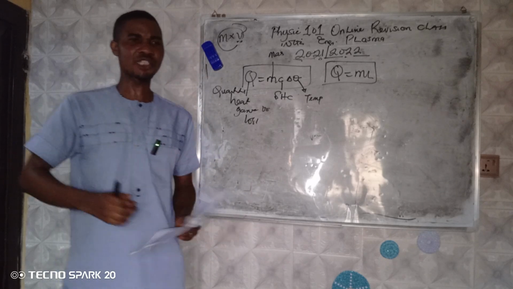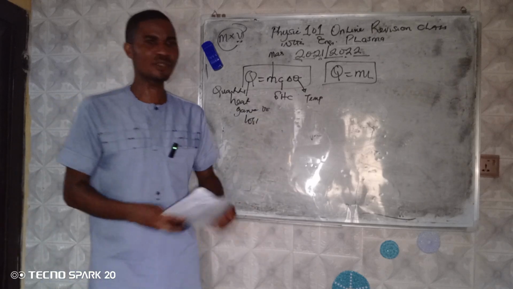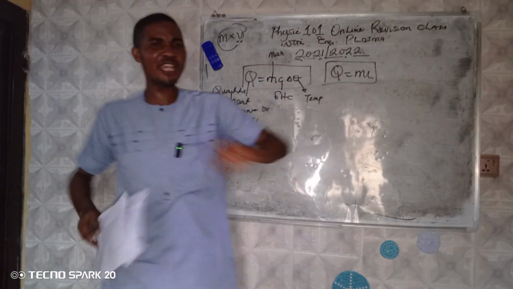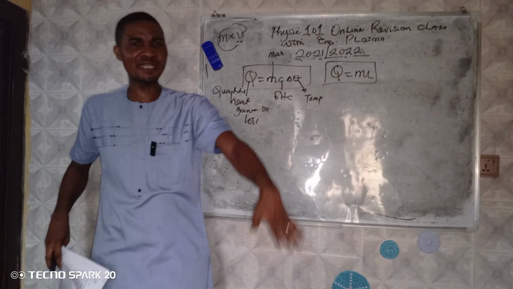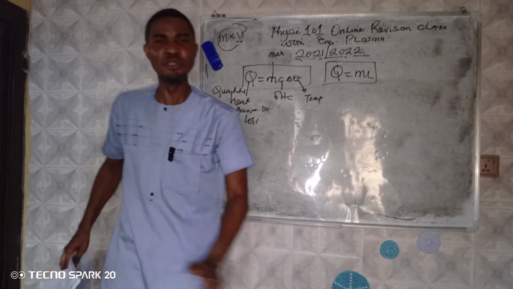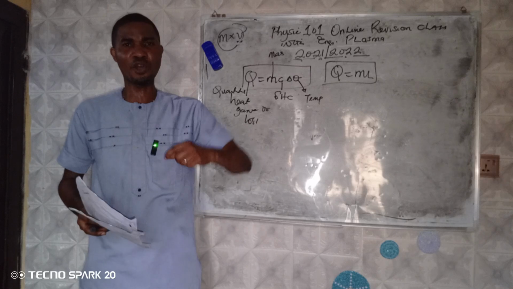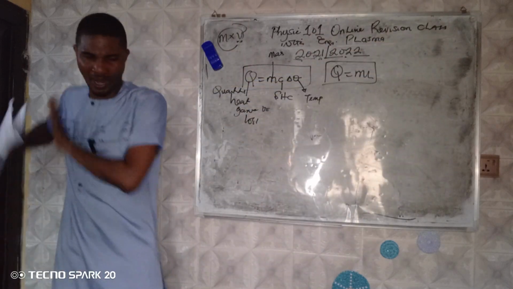Like a boy that is on a swing. If you allow that swing, the boy goes up, comes down, goes up, comes down. If you allow it, that swing will definitely come to rest after a time. But if you don't want it to come to rest, you have to apply force periodically. When you push it, it goes up, it comes down, you apply another force.